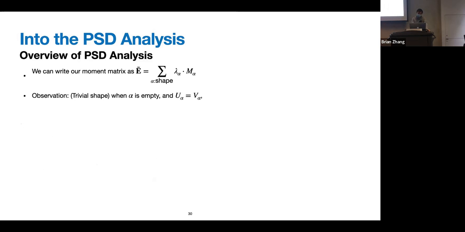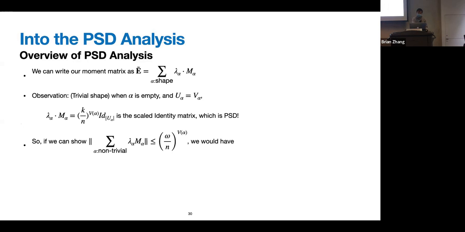It's not that bad, because we can observe that if alpha is an empty set and u and v, the two circles, coincide with each other, these correspond to the identity matrix, or maybe a scaled identity matrix, which is PSD. So if you can show any shape that is not this diagonal matrix I pull out is small in spectral norm, then we can use the triangle inequality to say that this matrix is PSD.